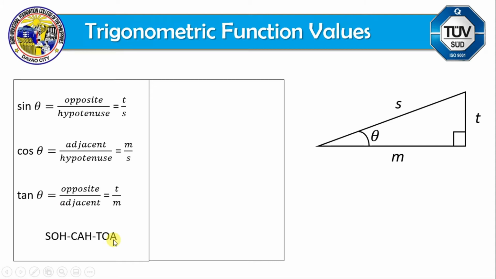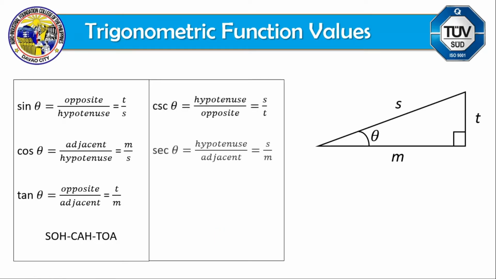Opposite over adjacent. Now, what about the remaining three trigonometric functions? Okay? The cosecant, secant, and the cotangent. Now, for cosecant, it is just the hypotenuse over the opposite side. Okay? For secant, it is just hypotenuse over adjacent. For cotangent, adjacent over opposite.